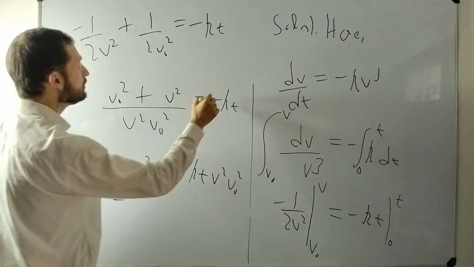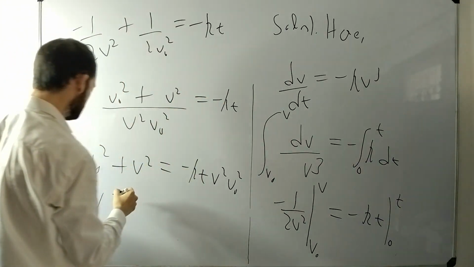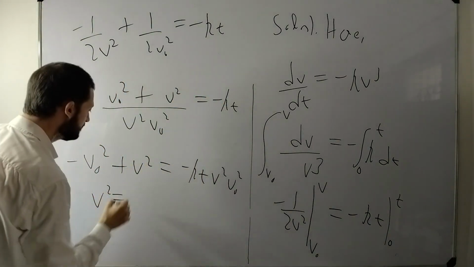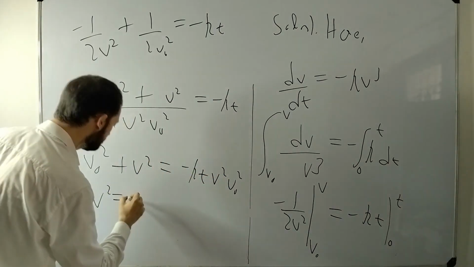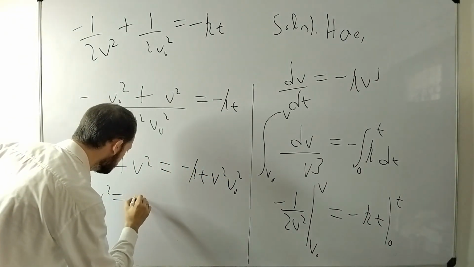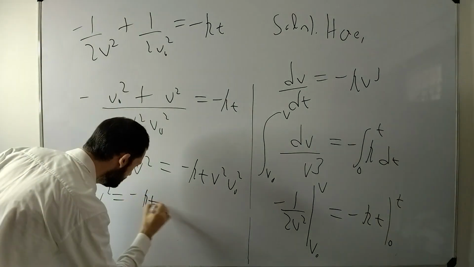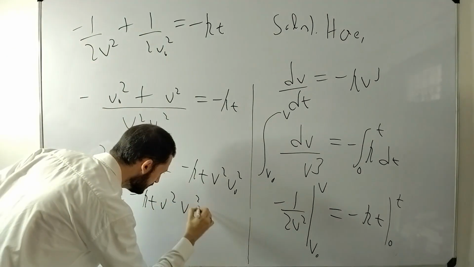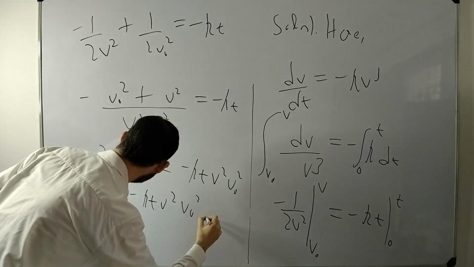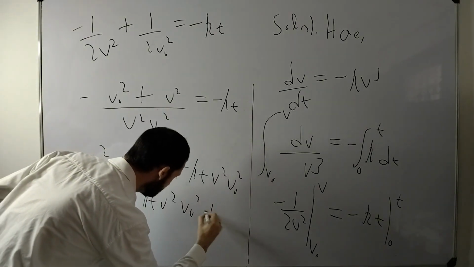Yes, what you are saying is right. Minus V square, and this is minus kt V square V naught square, plus V naught square.